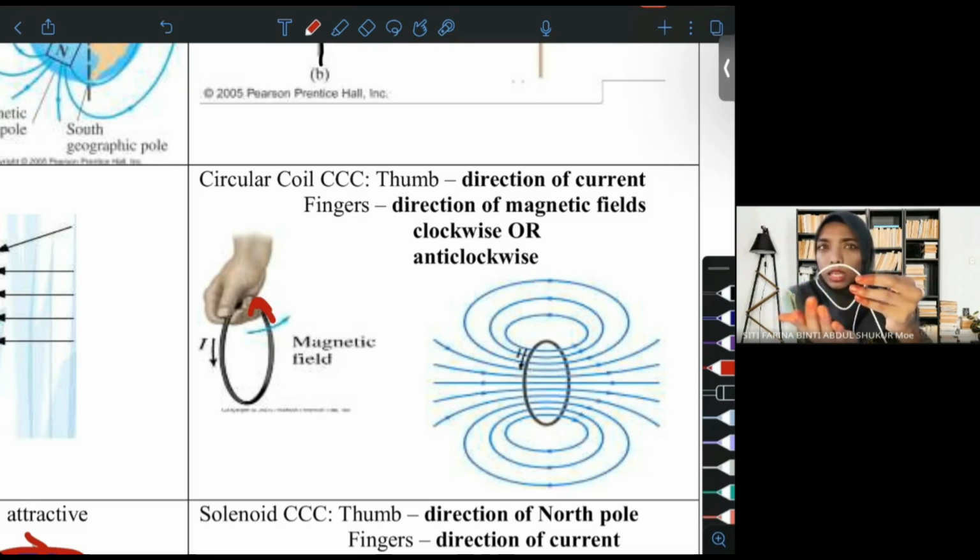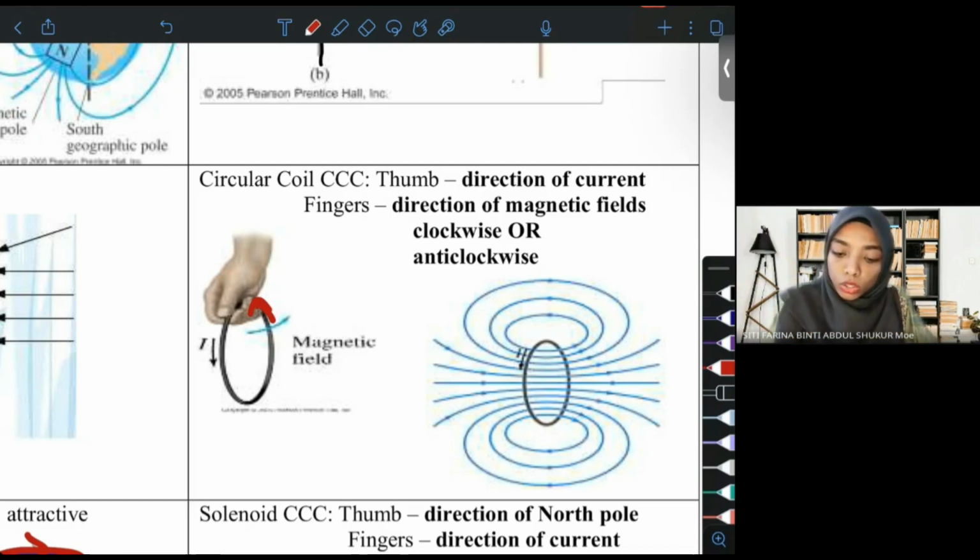Thumb ke sana and then you grip. Awak akan nampak dekat bahagian tengah, B kamu tengah curl keluar daripada bulatan tu. Betul tak? Okay, dekat tengah-tengah sini. Kita nak fokus dekat tengah. Kita tak nak tahu dekat keliling. Untuk circular coil, fokus kita adalah dekat tengah. So direction dia adalah pusing begini. Okay, that's how you deduce the direction for circular coil.